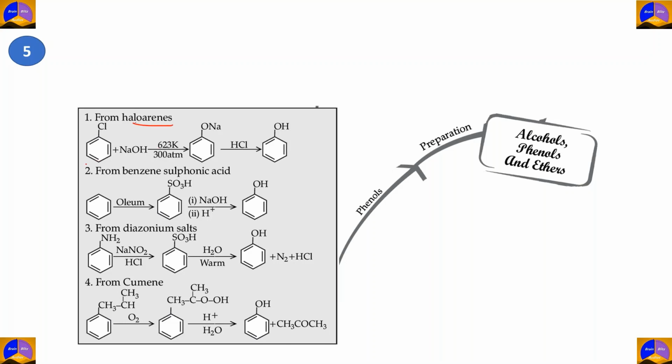So in this reaction, the compound here, which is chlorobenzene, is fused with NaOH and then reacts at the following conditions: 623 kelvins of temperature and 300 atmospheres of pressure to form a sodium phenoxide, which is ONa, and then in the presence of HCl, which is known as acidification, we get phenols.